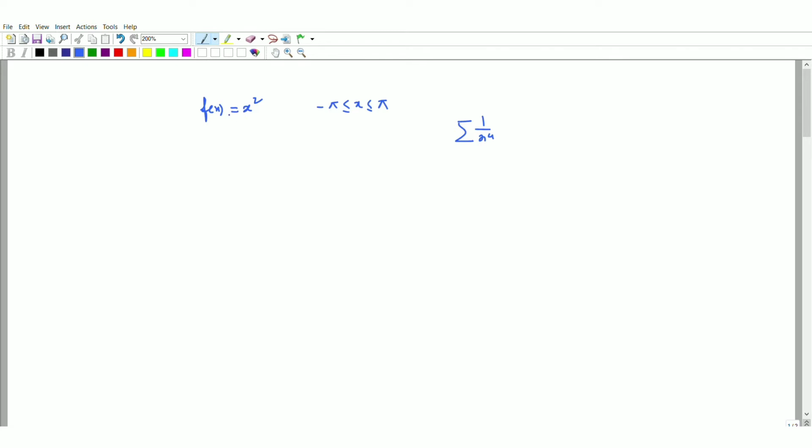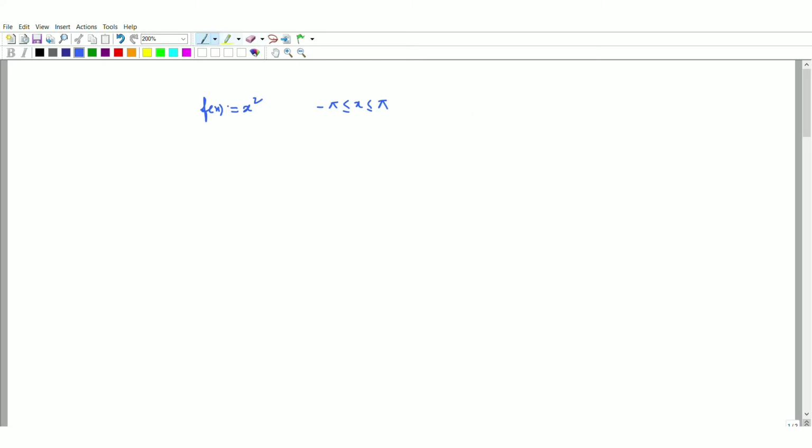Some Parseval's identity of some specific functions can lead to these required summations. Therefore we are going to use this function here.